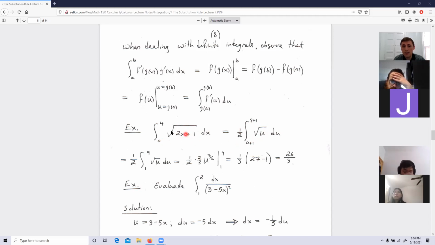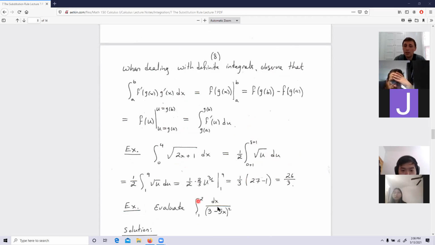And if x is 4, then we have 2 times 4 plus 1, which is 9. So I can convert it to the integral 1/2 from 1 to 9 root u, and just calculate it from there. You can do it any way you like, guys. Tell me what's the integral from 1 to 2 of dx over (3 minus 5x) squared. What's the integral here?